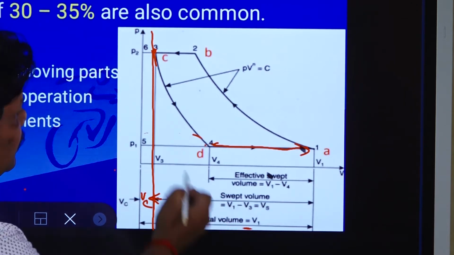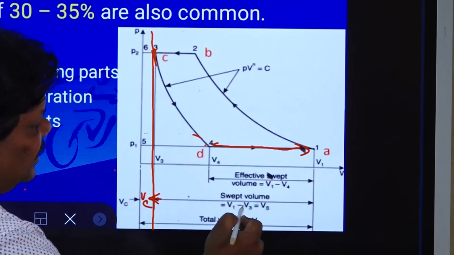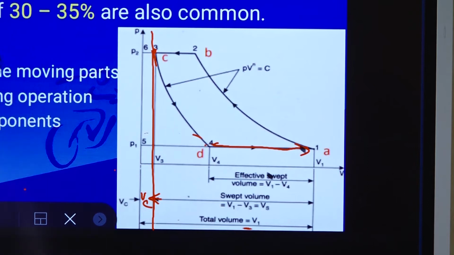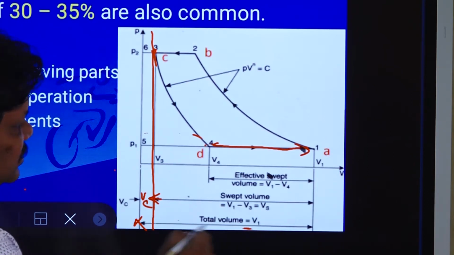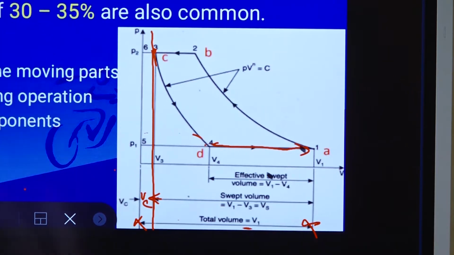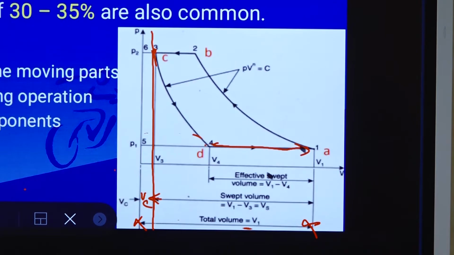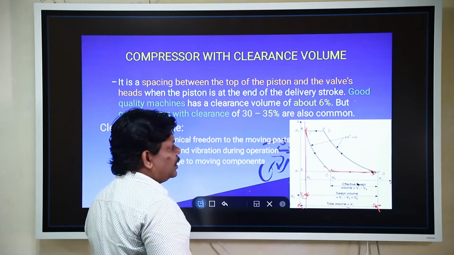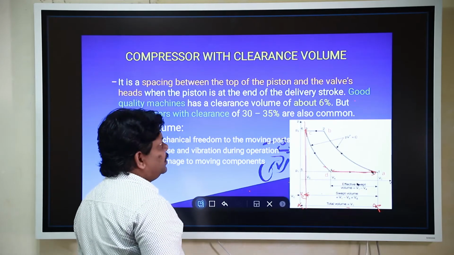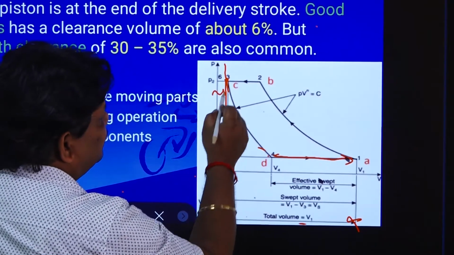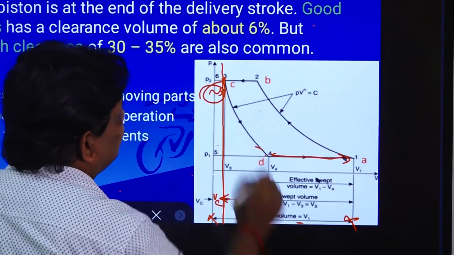And the swept volume is V1 minus V3, and the total volume is from this place up to V1. So this is the diagram which represents the compressor with the clearance volume. Some clearance is provided here.